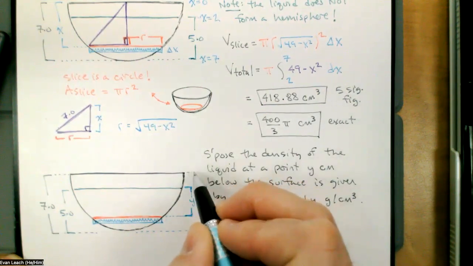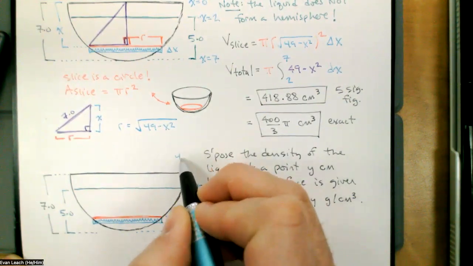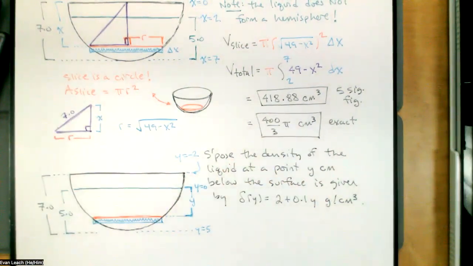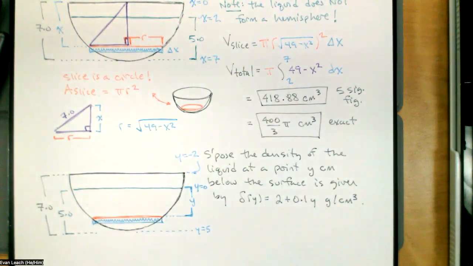And the top of the bowl is -2, but we're not going to care about that, because when we're integrating, we want to integrate where there is liquid, not where there is empty bowl. So the 5 centimeters of depth that we're going to be integrating is now 0 to 5.